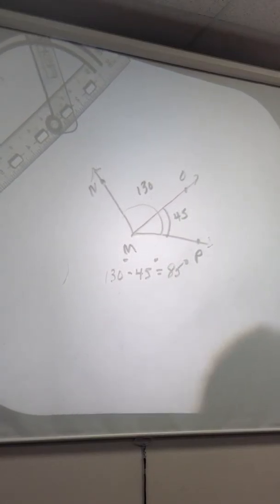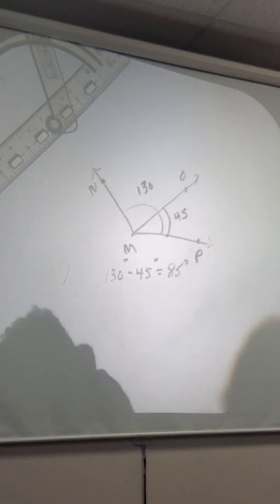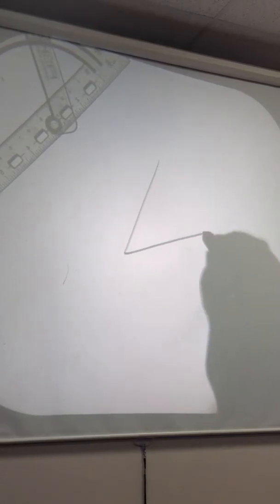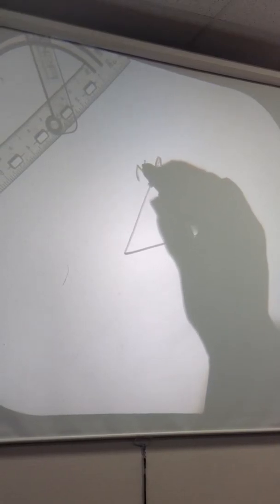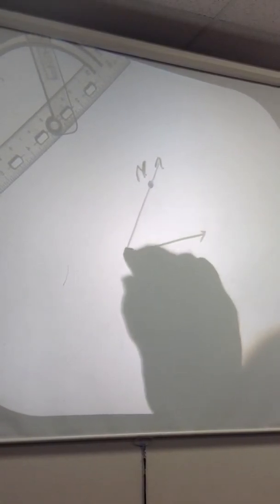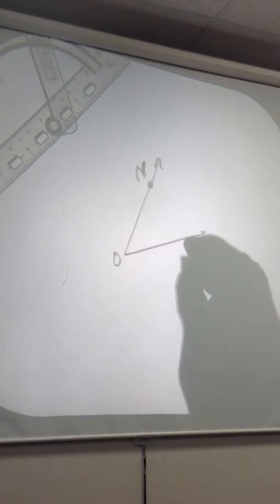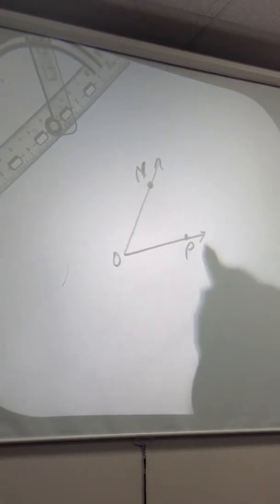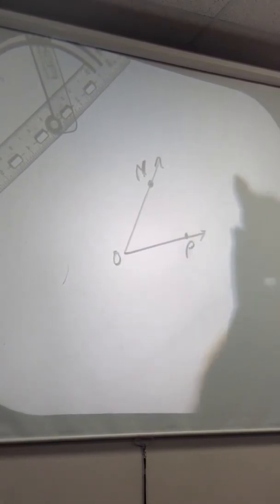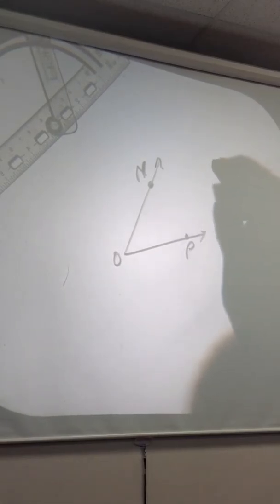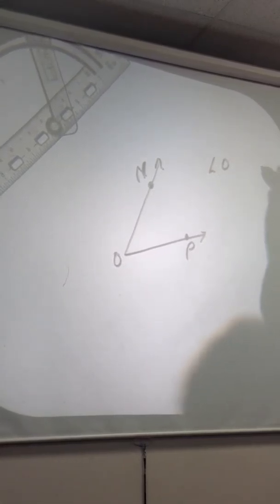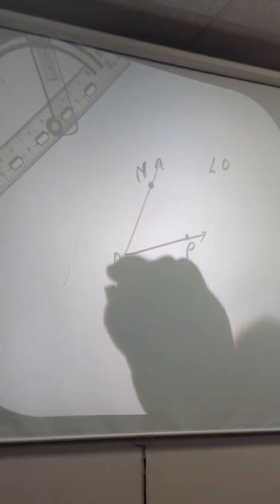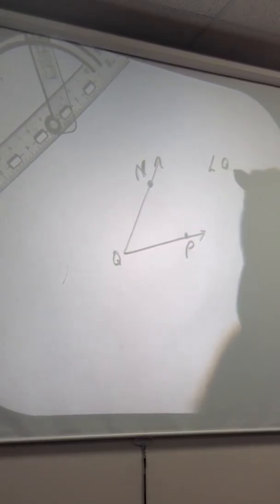All right, now, angles are very interesting because they can have lots of names. You can have this angle right here. We have N, O and P. All right, now, one way to name this is angle O. Let's make it a Q because zeros are not good.